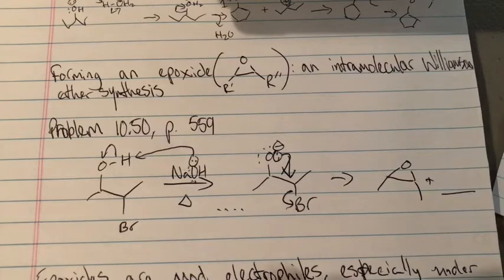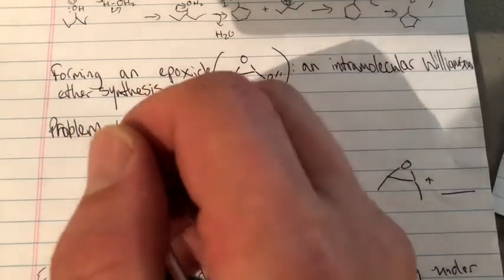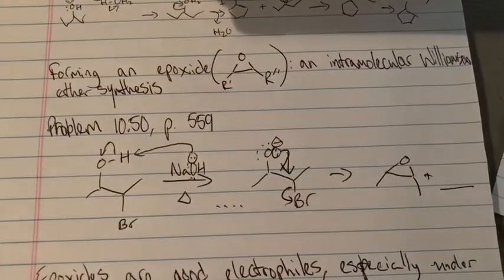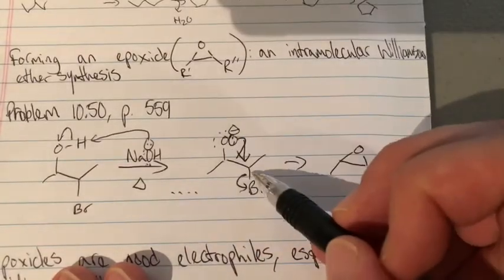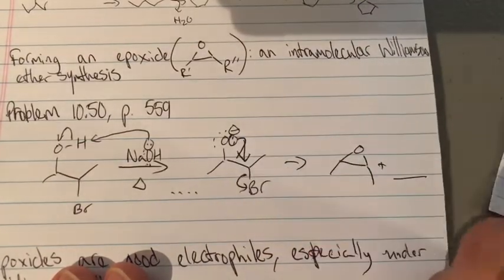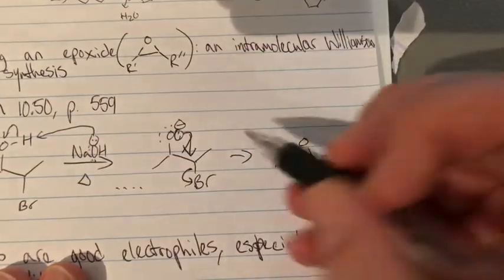So you have a strong base like NaOH, which is going to remove that hydroxyl hydrogen, it being slightly acidic, especially since bromine is going to be pulling some of that electron density downward. Now that alkoxide, alpha to where the bromine is connected, is going to do a cyclization and attack this electrophilic carbon, booting off that bromo group.